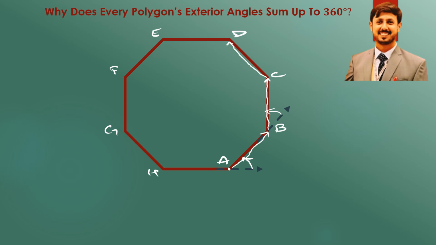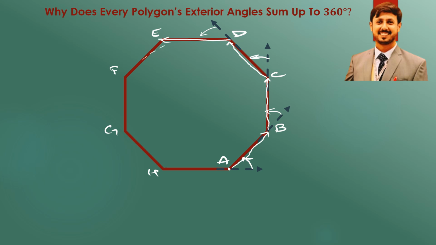Again, to reach point D along the polygon, you need to turn yourself onto this angle. You need to bend yourself up to that angle. Again from point D to E, you need to change your original path and bend yourself along this direction.